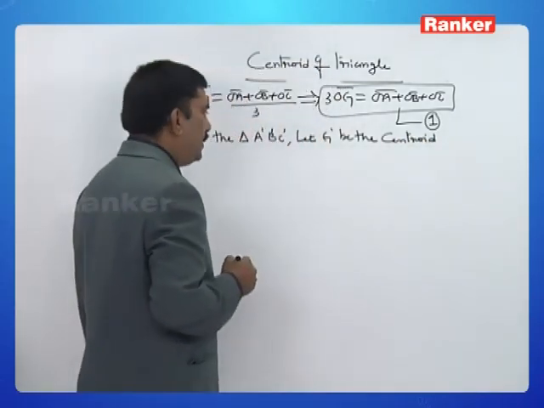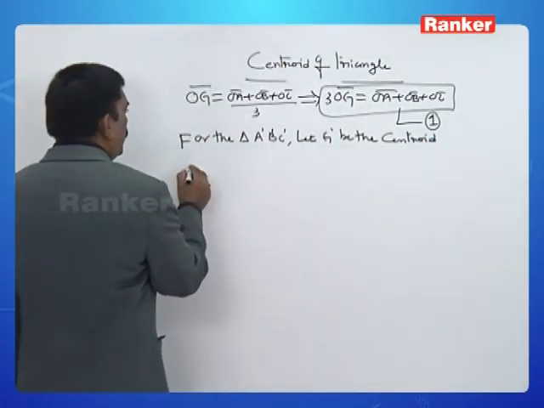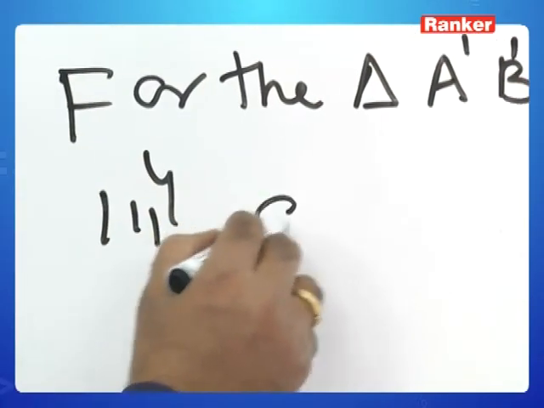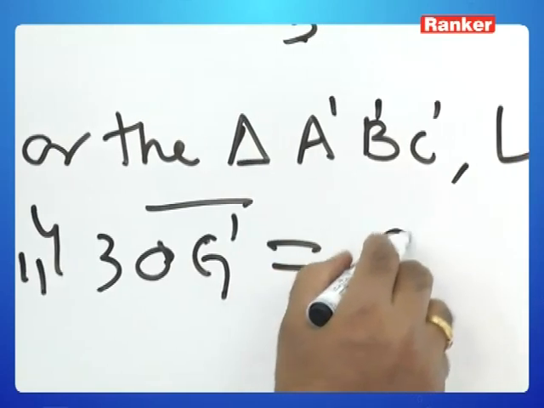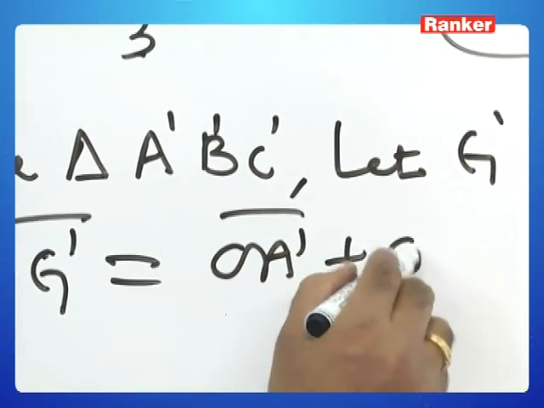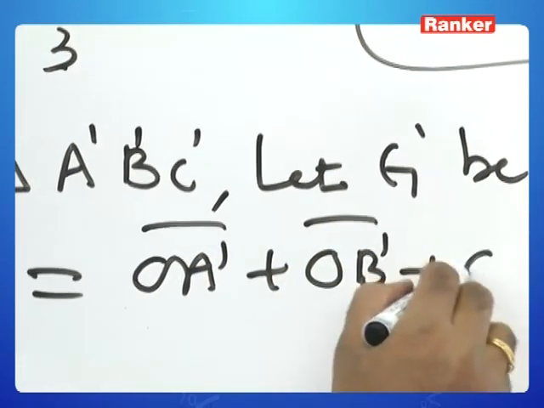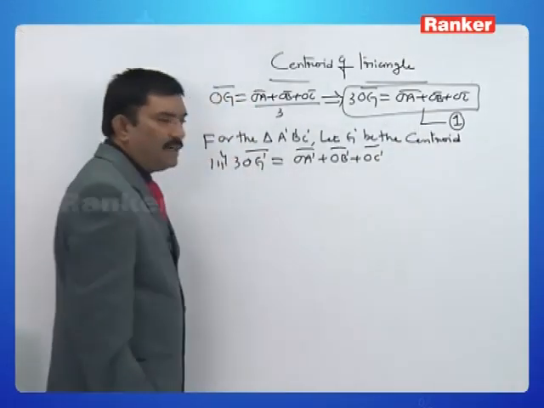Let G be the centroid. Therefore, we can similarly write 3 into OC dash bar is equal to OA dash bar, OB dash bar, OC dash bar.